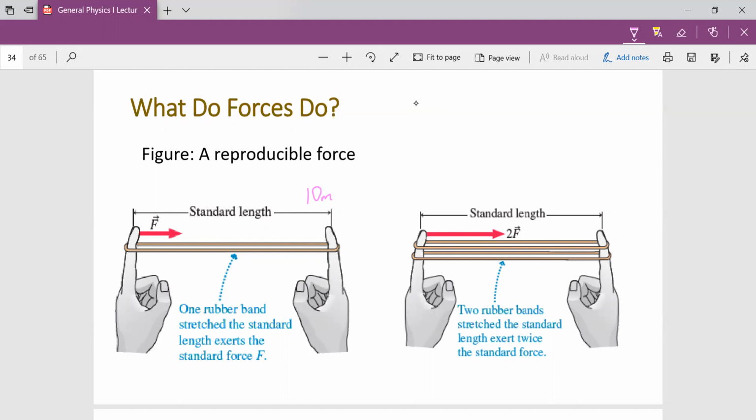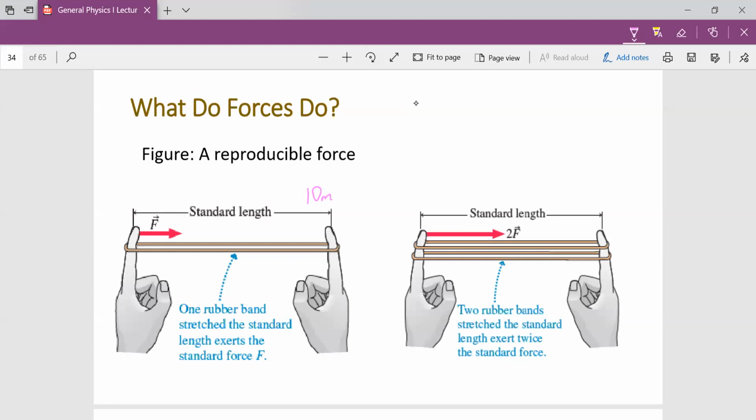So when we talk about what do forces do, we want to really understand exactly how understanding of force is important to us. How does an object move when we apply force to it? Does it just randomly move in the direction of force applied? So to answer that question of what do forces do, or how does an object really move when we apply force to it, how do they act?